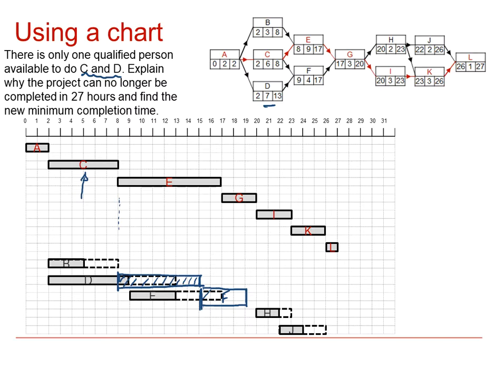And again, if we look at the activity diagram, we can see that G relies on F. So that means that G must start 2 hours late.